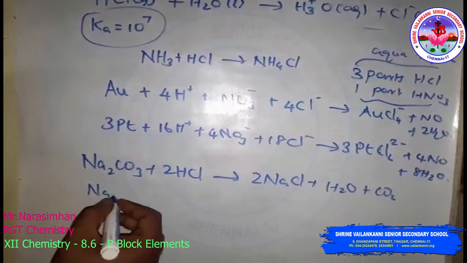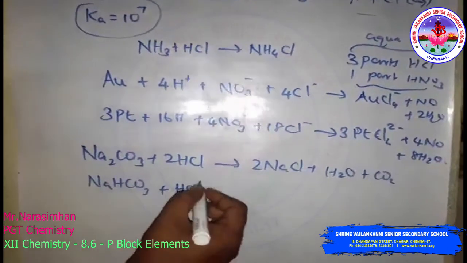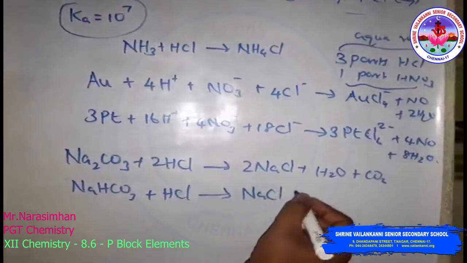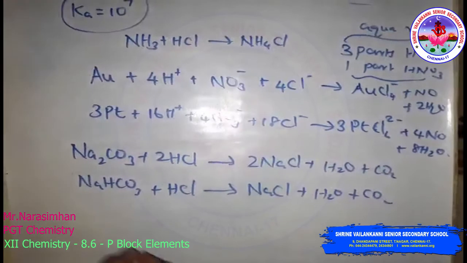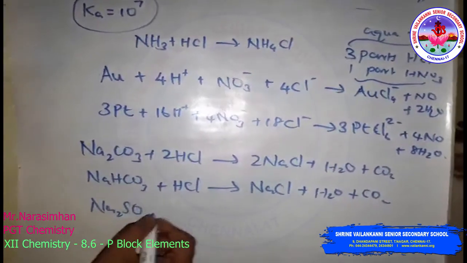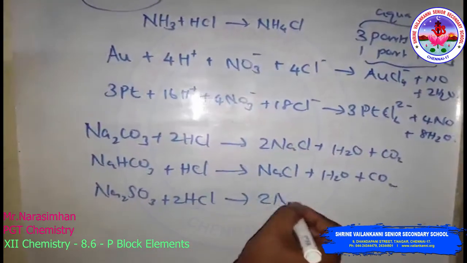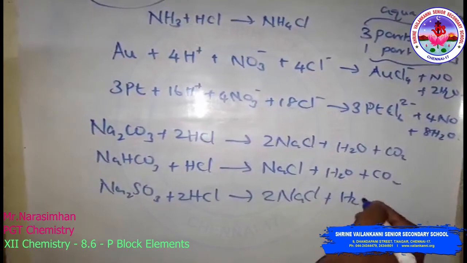Sodium hydrogen carbonate reacts with HCl to form sodium chloride and carbon dioxide. Then sodium sulfite, Na2SO3, reacts with hydrogen chloride to form NaCl and sulfur dioxide.